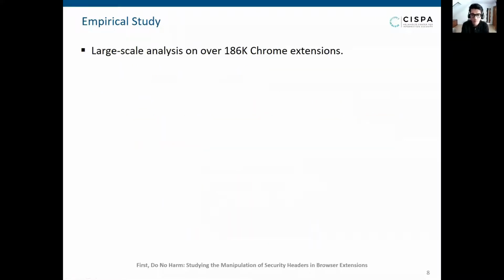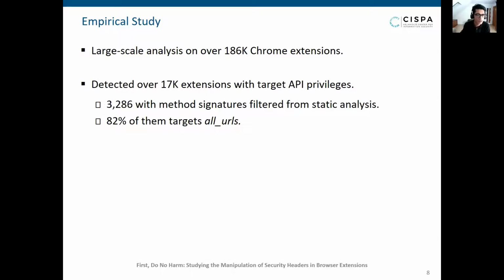So to evaluate our proposed framework, we conduct an analysis over 186K Chrome extensions that were available on the Chrome Web Store between the months of January and June 2020. From the static phase of analysis, we detect that over 17,000 extensions request the webRequest permission in their manifest to intercept the requests and responses at runtime.